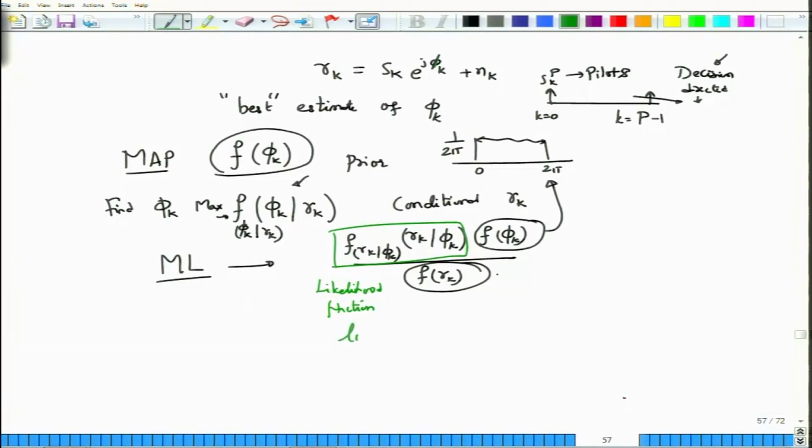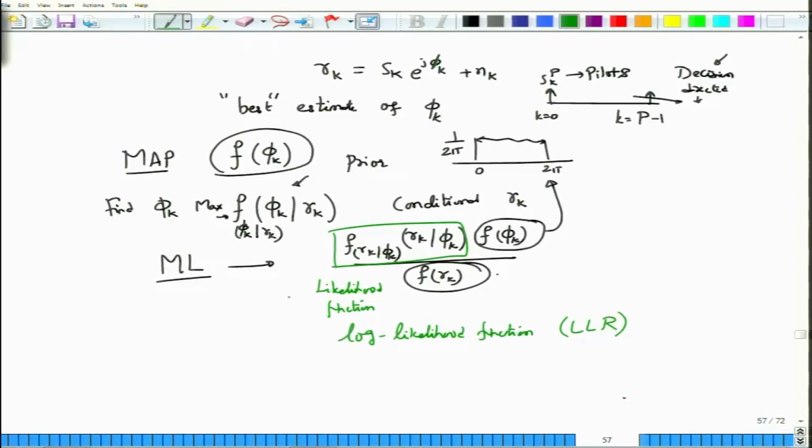Frequently you will find that people actually use what are called log likelihood functions. This is sometimes called a log likelihood ratio when phi k can take on only discrete values, but here phi k is not a discrete value, therefore I would not want to use the word ratio here, but this is standard terminology, so we may as well keep that in mind.